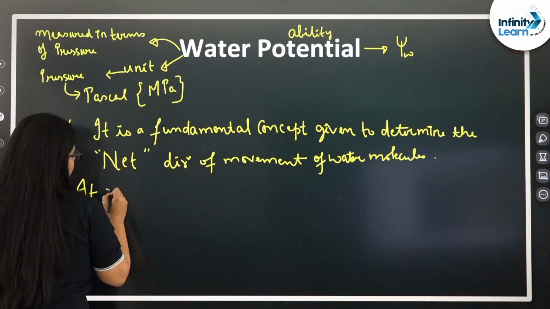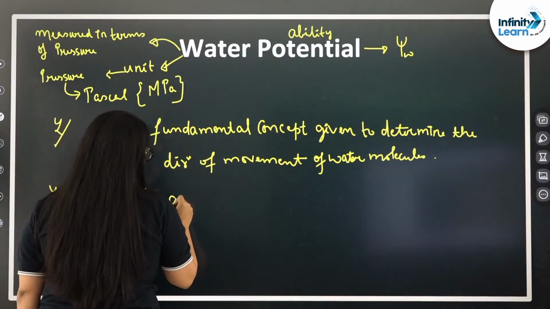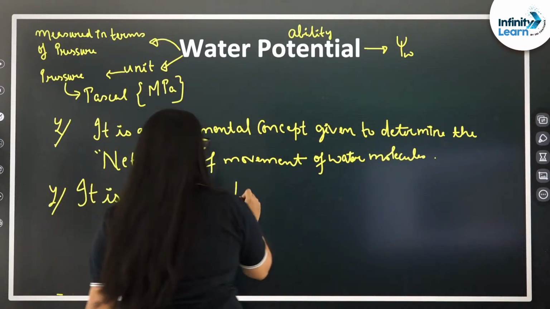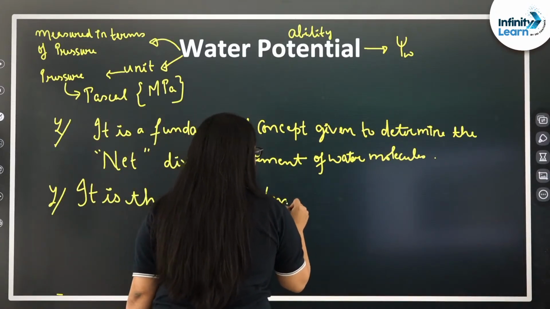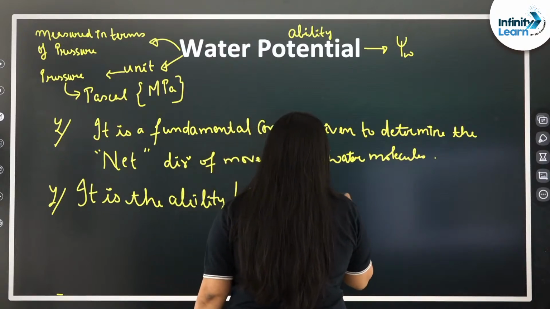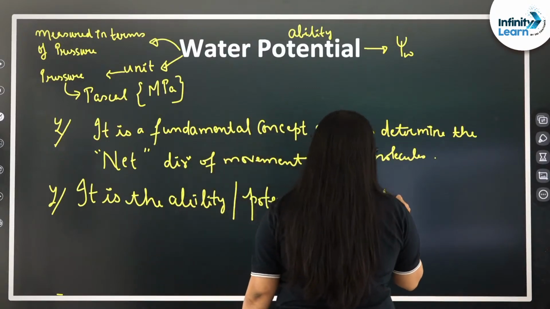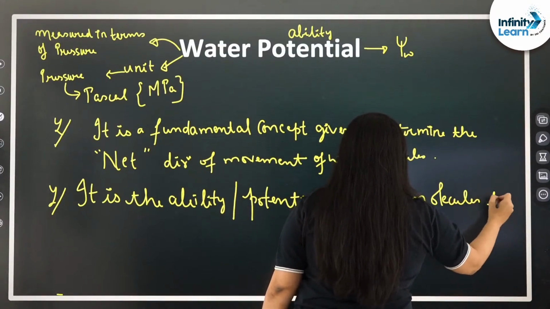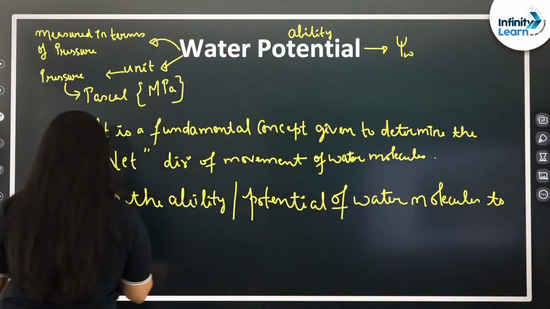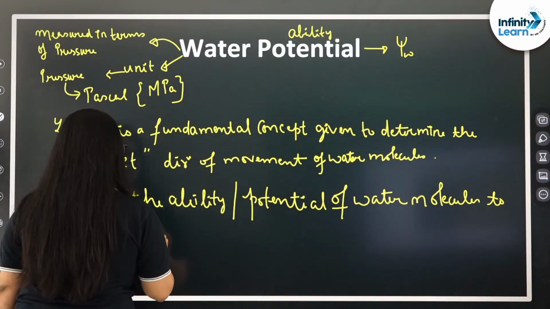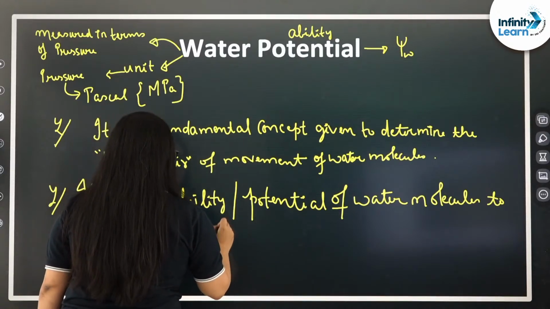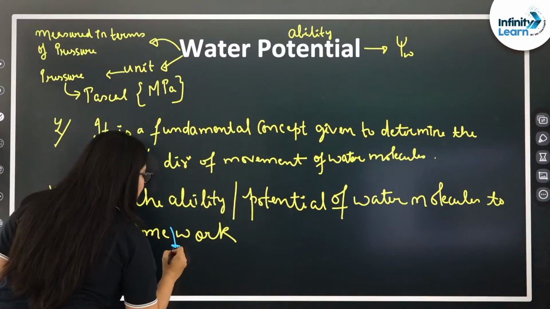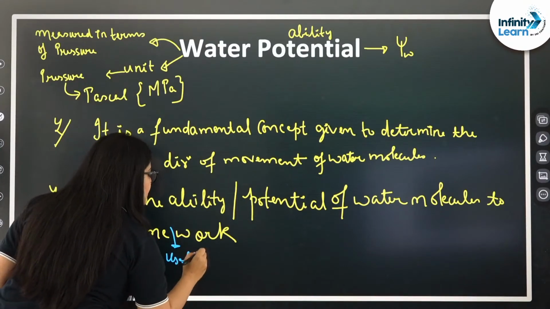So what is water potential? It is the ability or potential of water molecules to do some work, to do some useful work. Now what is this useful work?